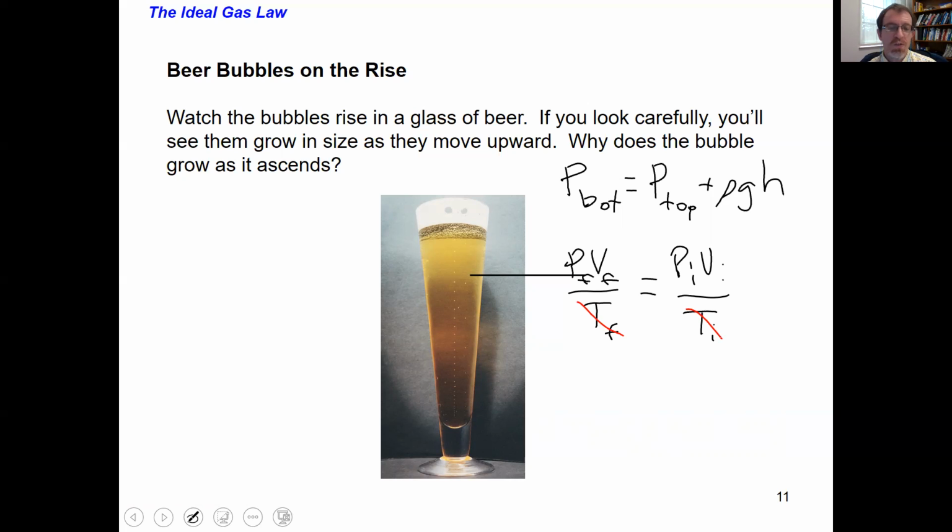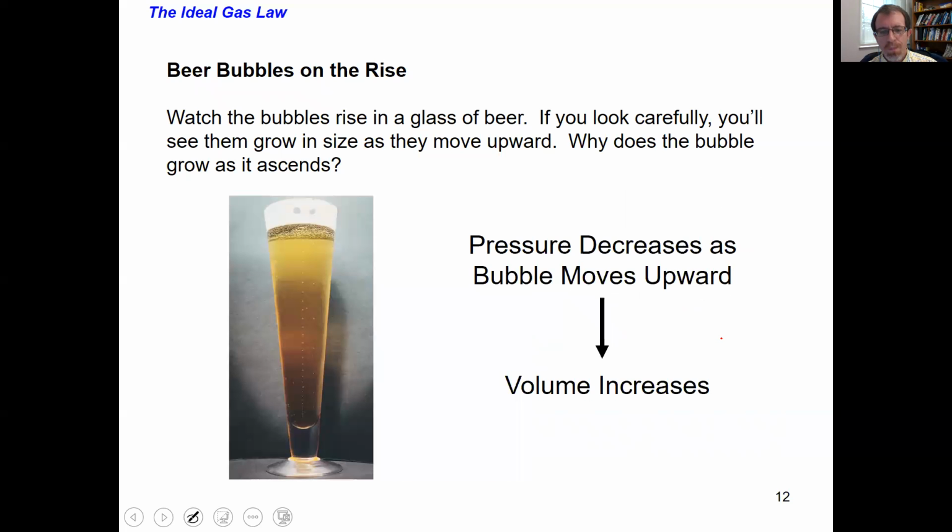Our final pressure is smaller than the pressure at the bottom. So that means my bubble is going to have to grow as a result. The pressure decreases, so the volume increases. So that's one possible reason why the bubble would grow as it ascends.